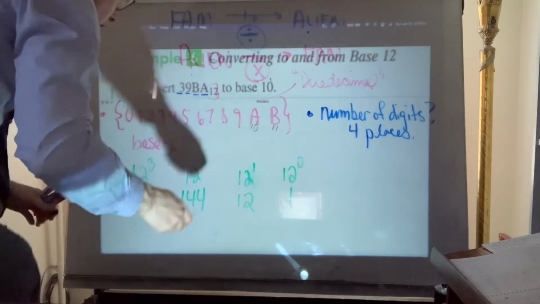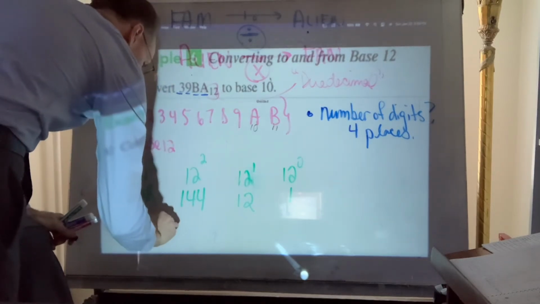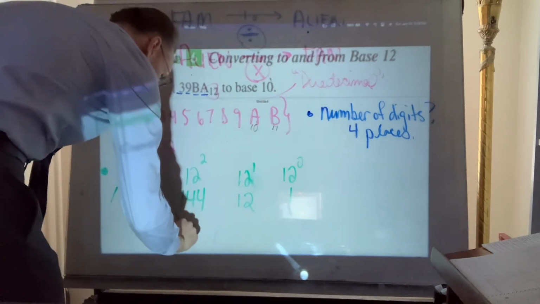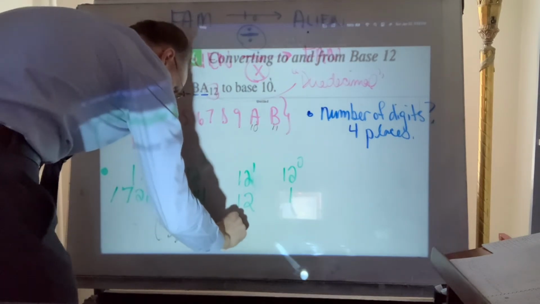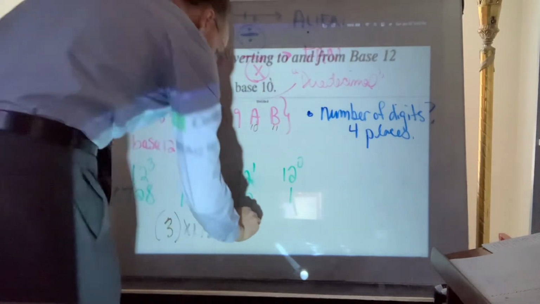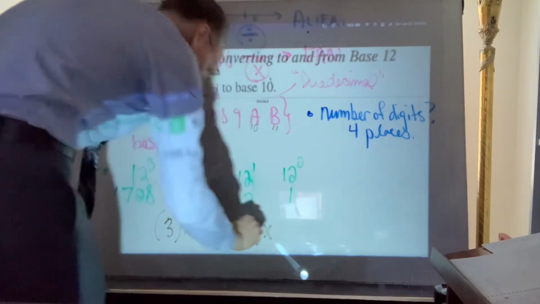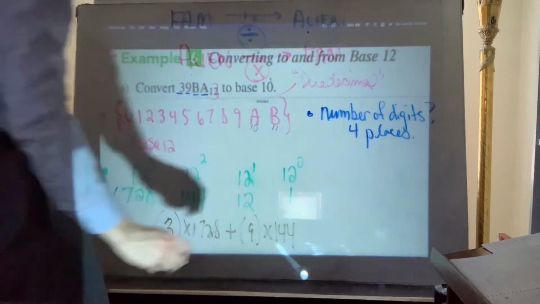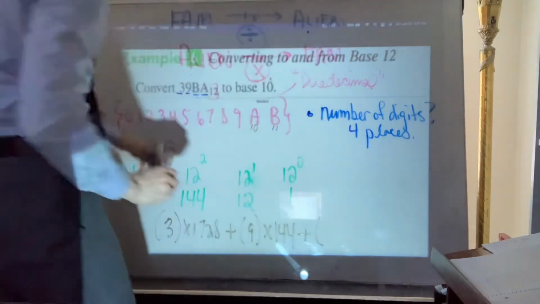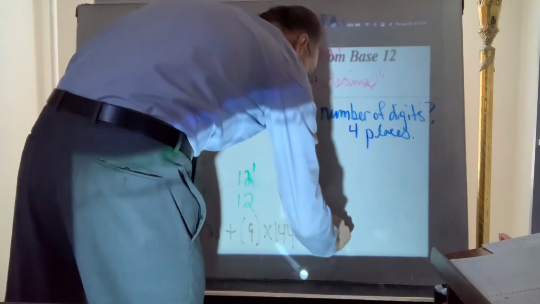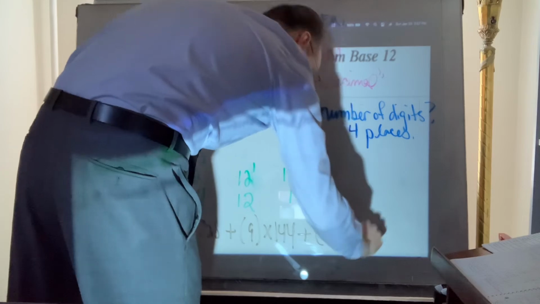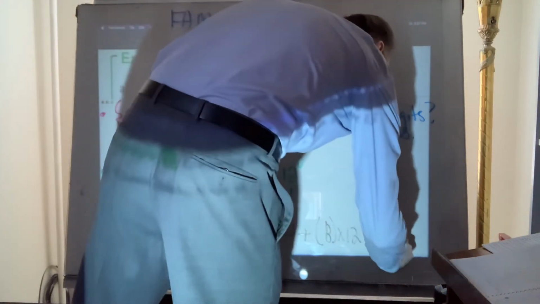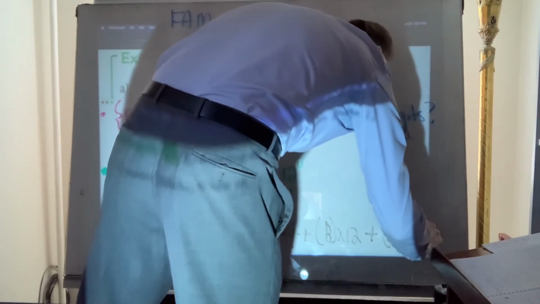It's black. We're going to use the number 3 for that digit times 1728 plus 9 times 144 plus B times 12 plus A times 1 rather.